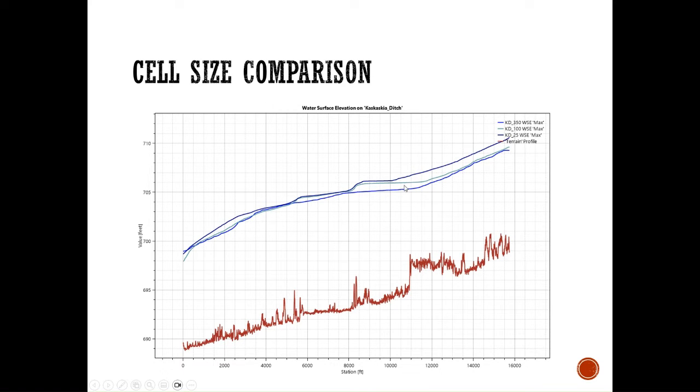As we move to the higher resolution, the 100 foot, we're getting a little bit of a higher water surface elevation along our stream reach here. And then even more so with the 25 foot mesh, we're seeing the highest water surface elevation profile using that higher resolution mesh, particularly where we do have those flow contraction areas that the lower resolution mesh isn't quite picking up.